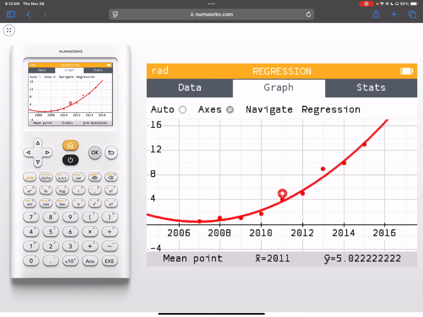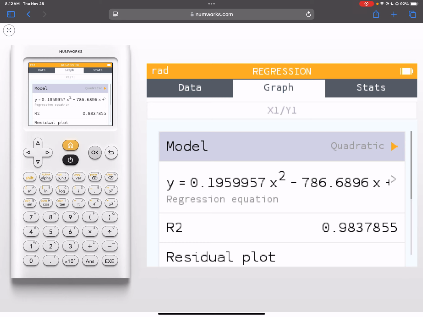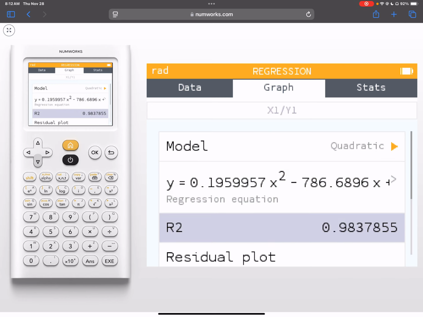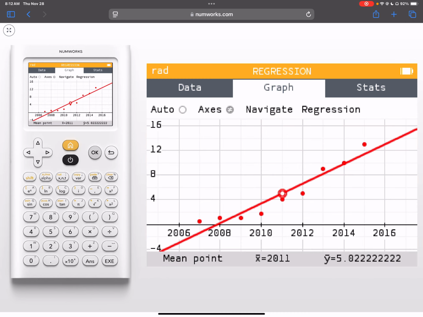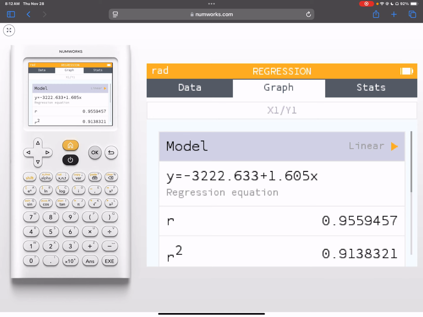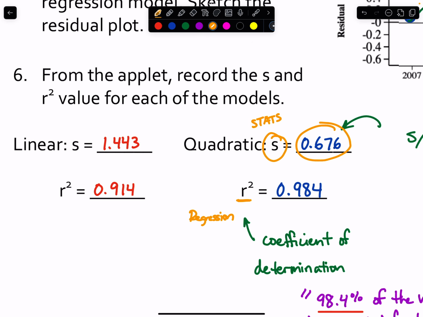So here's your graph. I'm going to go back to regression, where you would look for your equation. Here's your model, and there's r squared, 0.983. If I change that back to linear, there's your straight line. Go look at that regression, r squared, 0.913. So it's not r, it's r squared, and we have both of those written down right here.